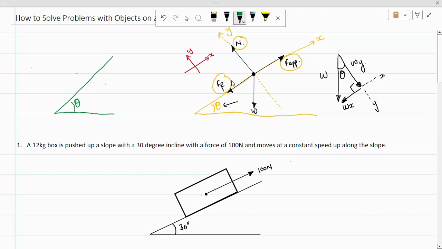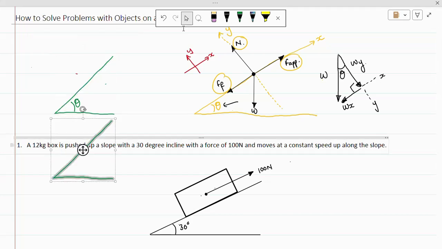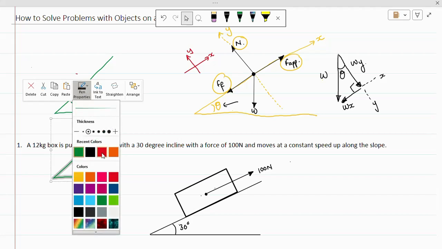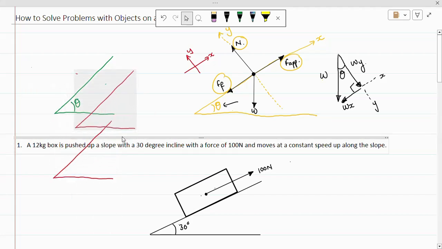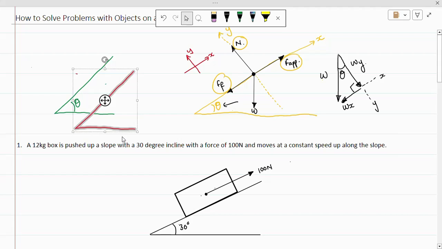Now we're going to take this same line over here and copy it. Maybe let's change its color. We're going to make it red. So we know that this angle within the line is theta. Now we're going to rotate that.